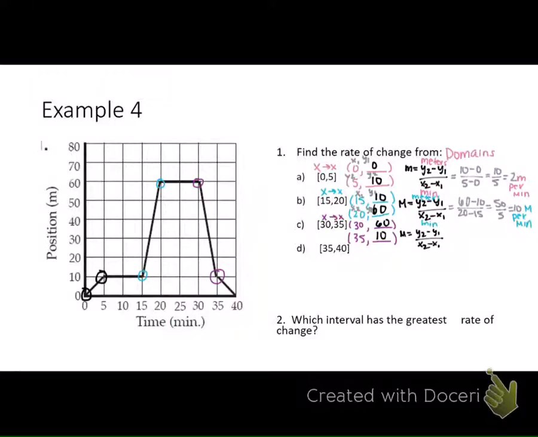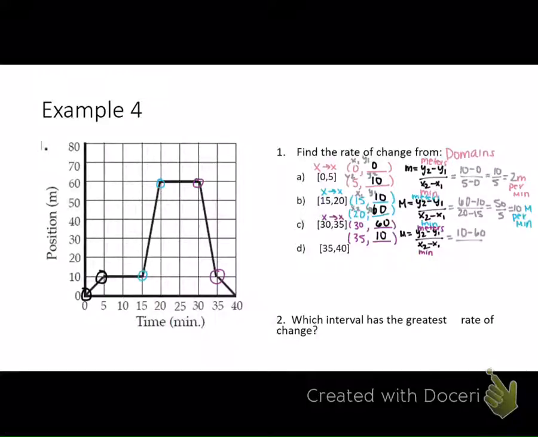We know it's meters for our y and minutes for our x. So we do 10 minus 60 over 35 minus 30, which is negative 50 over 5, which is negative 10 meters per minute. So they're slowing down.